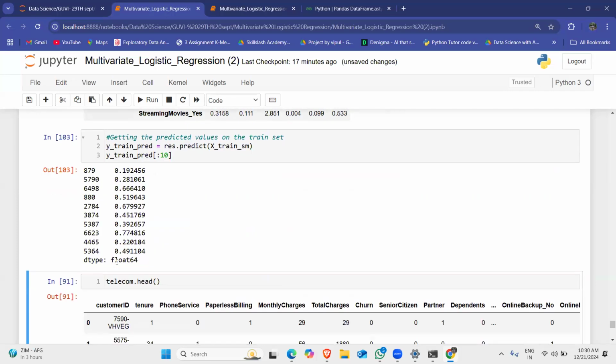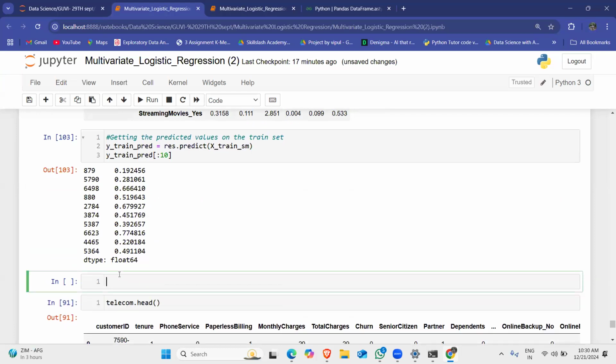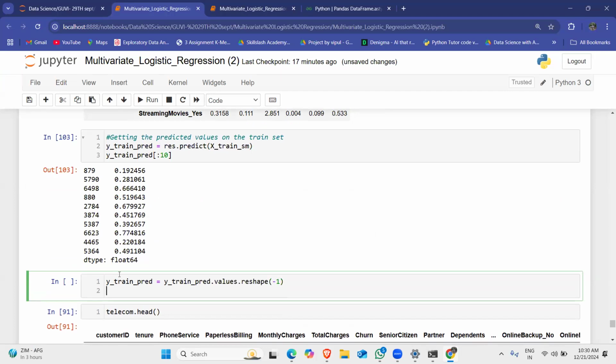Now we'll just reshape this: y_train_pred is equal to y_train_pred.values.reshape of -1, and we'll write y_train_pred of 0 to 10, right?